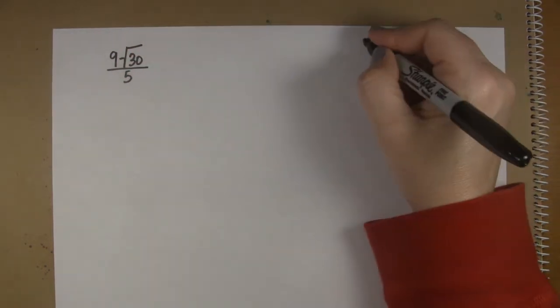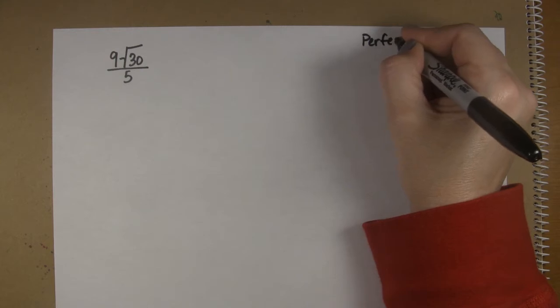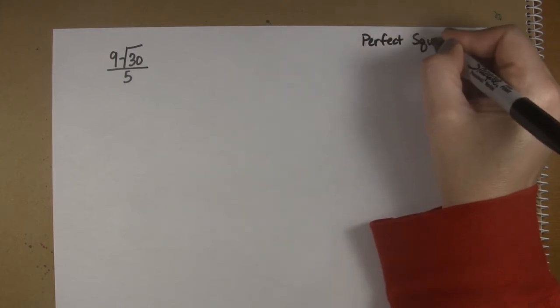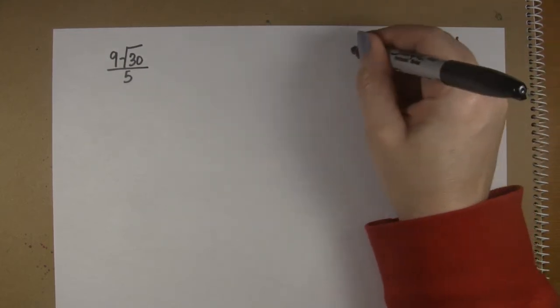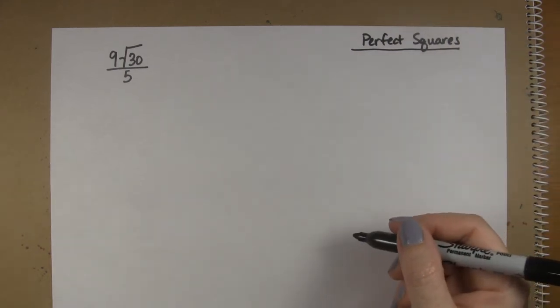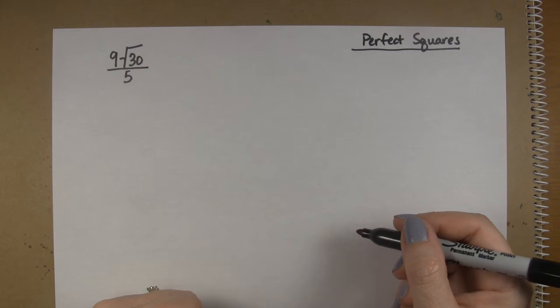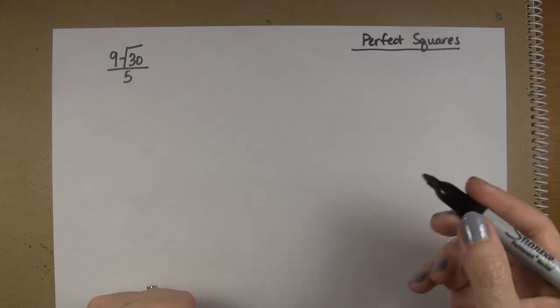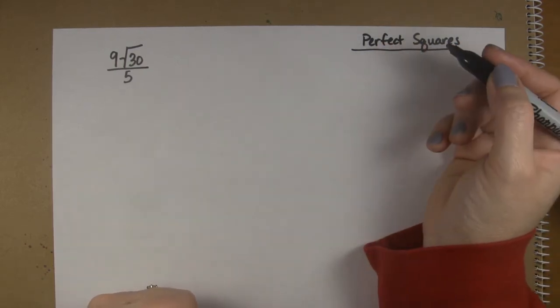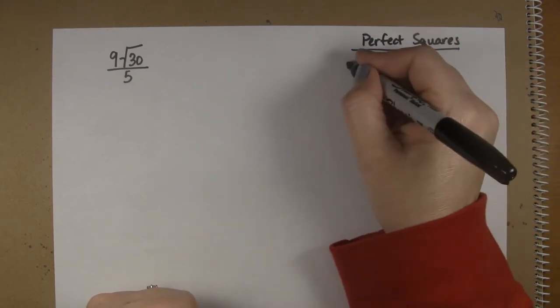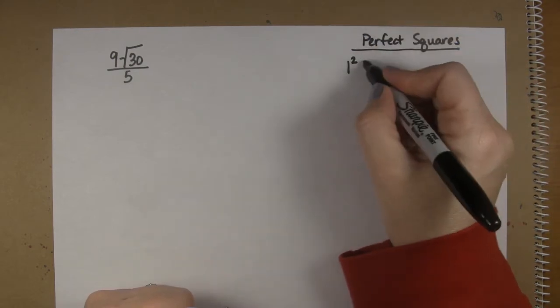In order to know that, we need to know our perfect squares. And when I say know them, I mean know them, in the same way that you know that it goes A, B, C, D, and that 2 plus 2 is 4, and that you can never divide by 0. In the same way, you need to know what your perfect squares are.